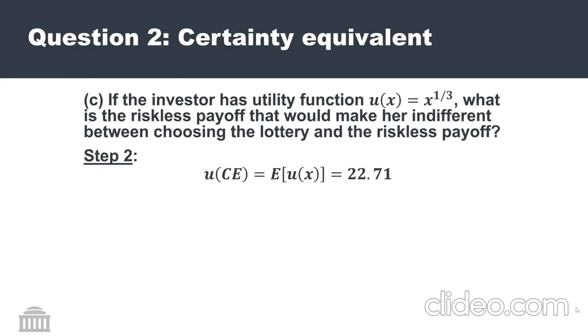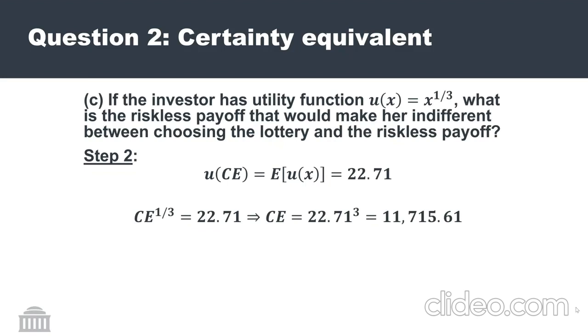And now in step 2, we can find the certainty equivalent. So we need to solve this equation. U of CE equals 22.71. U of CE equals CE raised to the power 1 over 3, because this is just our utility function. That equals 22.71.